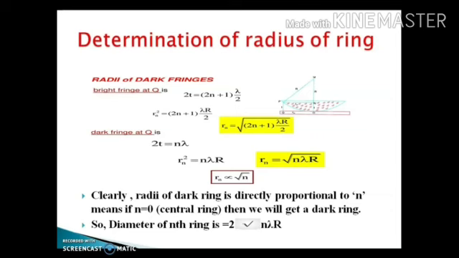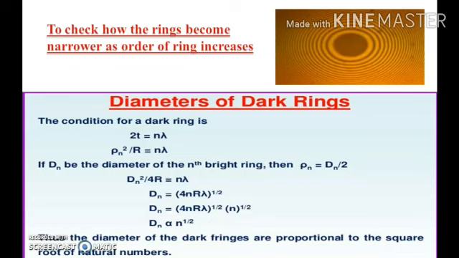From here also you can prove that, as we have obtained, the central ring of the pattern that we will observe will be dark, and alternately dark and bright rings will be produced. Now while counting the order of dark rings, that is n equals 1, 2, 3, etc., the central ring will not be counted.